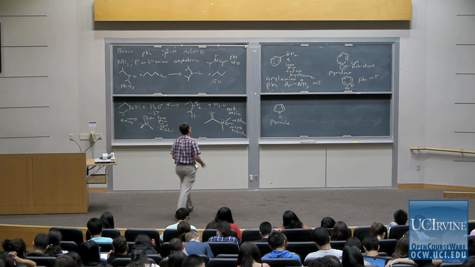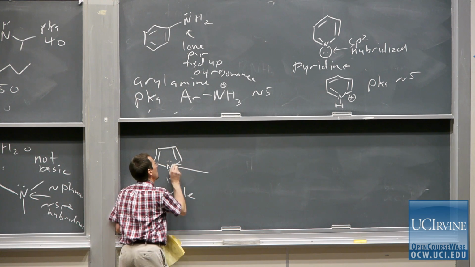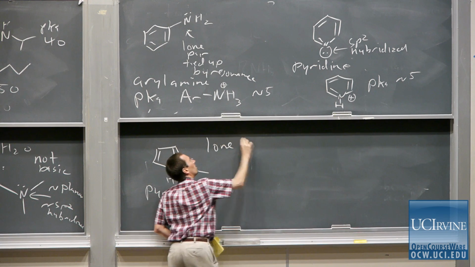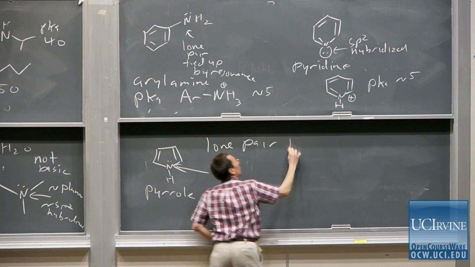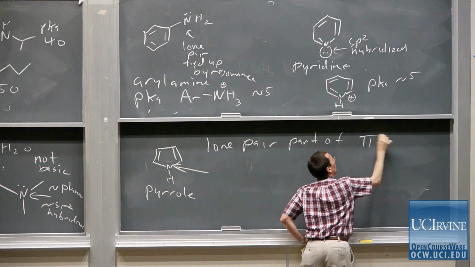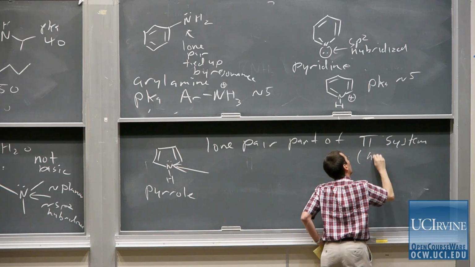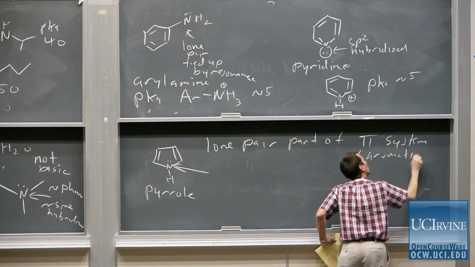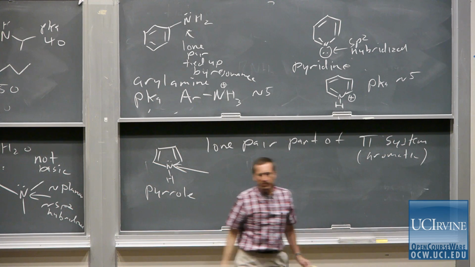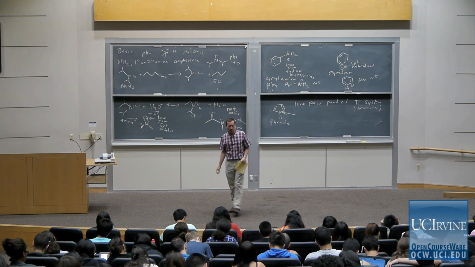And that lone pair of electrons ends up being part of the aromatic pi system. As a result, if you protonate it, you're going to give up a ton of resonance energy.